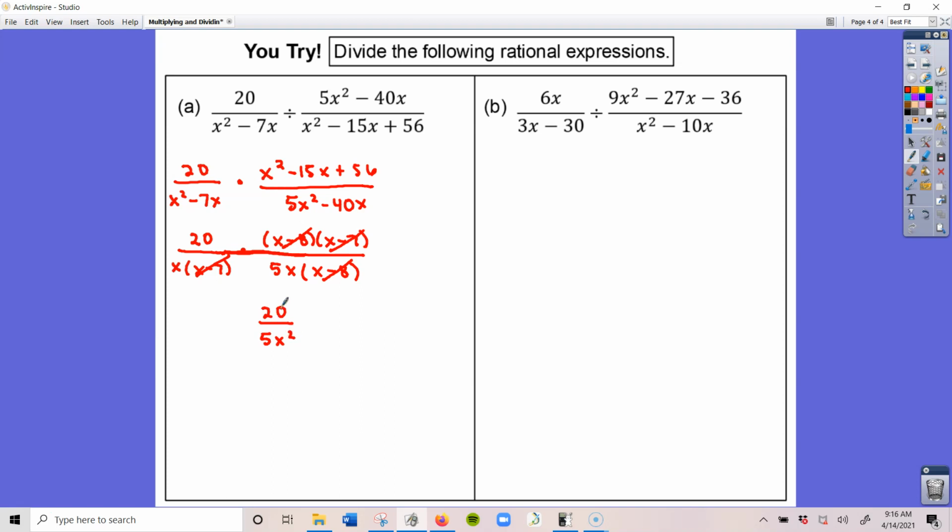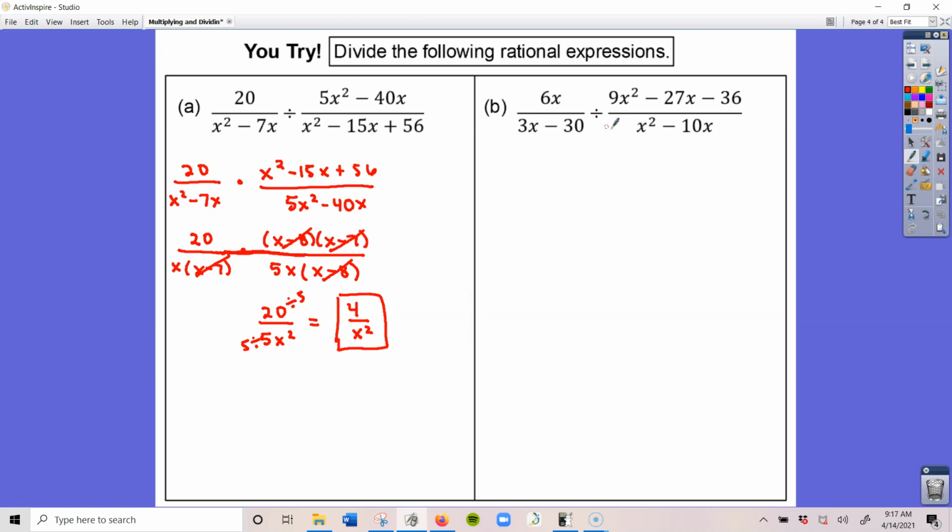Now the 20 and the 5 can be simplified by 5, or you can just think about it as 20 divided by 5, which is 4 over x squared. Or again, you can divide by 5, divide by 5. 20 divided by 5 is 4, 5 divided by 5 is 1, which we never really have to write. So this would be my final answer.